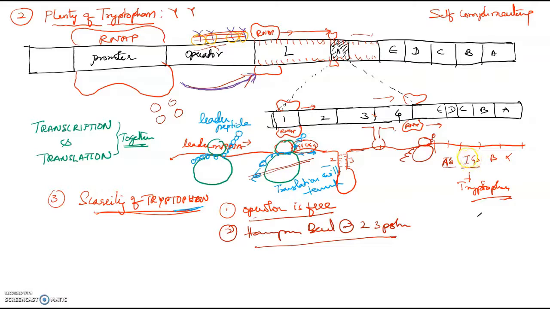Anthranilate synthase, indole 3-glycerol phosphate synthase and tryptophan synthase. These three enzymes are synthesized by new ribosomes. So these ribosomes will synthesize these proteins. These proteins will come out and they'll synthesize the tryptophan. I hope I have cleared it and we have gone in depth. Thank you.